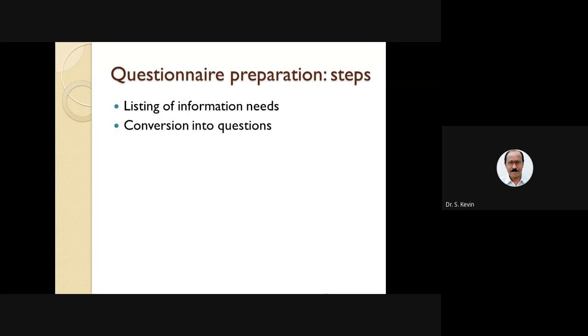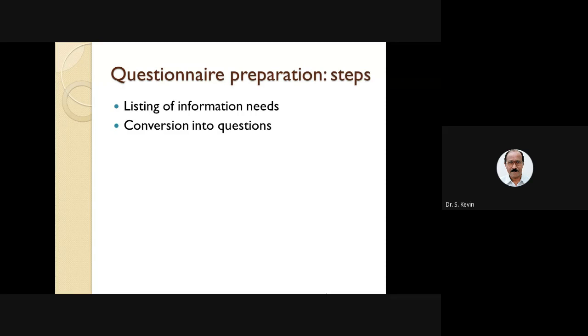Suppose you are conducting a study on HR. One information that you want is the satisfaction regarding the job. That's one information. Similarly, there are other information. So list out the information, then convert it into questions. These questions will not be direct questions because direct questions may not give you the right answer. So here we are going to use an indirect method.